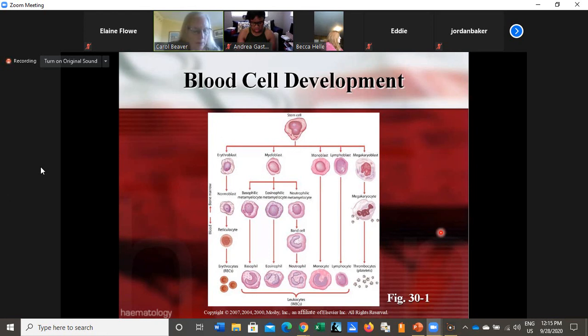So our red blood cell development is called erythropoiesis, and the duration of that process is about 3 to 5 days. And the stimulus for red blood cell production is tissue hypoxia. A lot of times people think that since if you have too few red blood cells, that's what stimulates the red blood cell production.